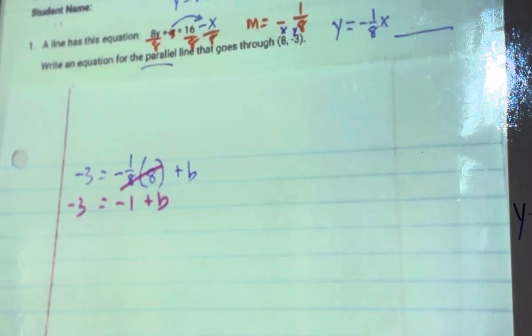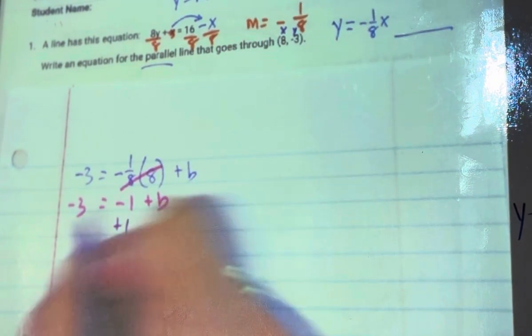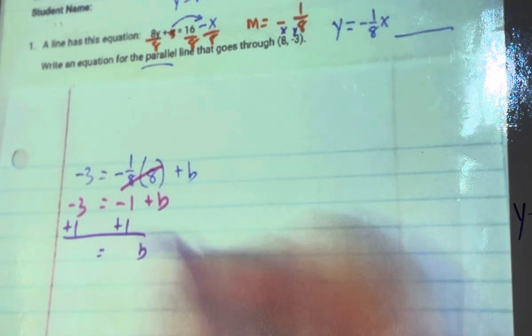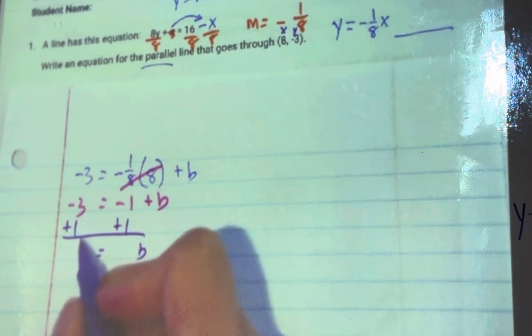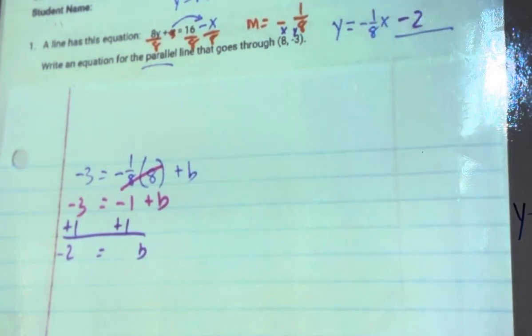Now what? Solve it for b. So what do we have to do? Add the 1. Very good. Opposite of -1 is a +1. And so b equals, what is -3 plus 1? -2. So -2. And that's your answer.